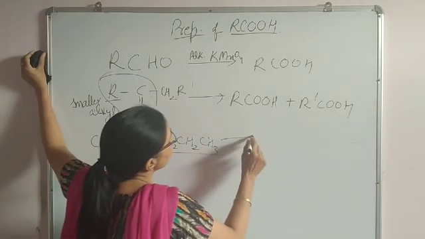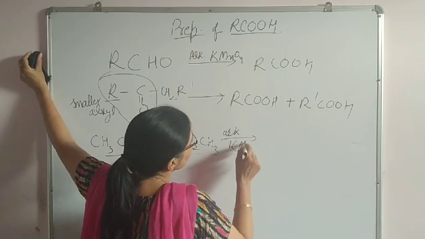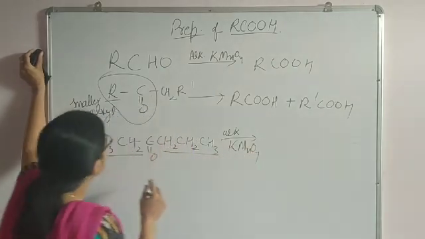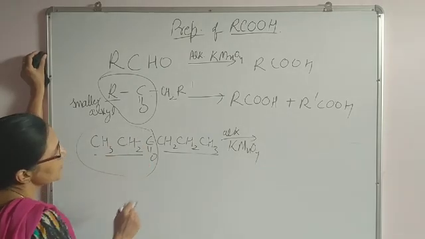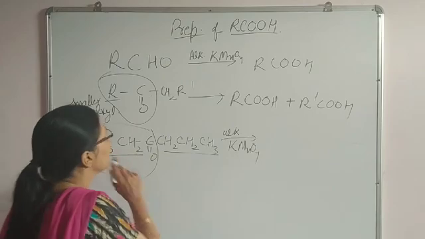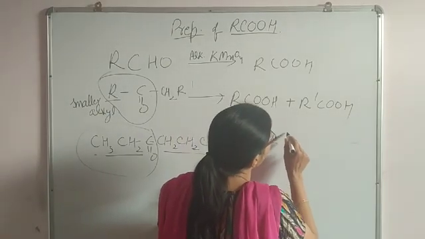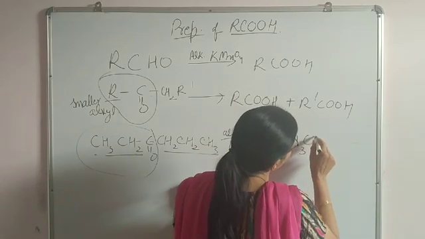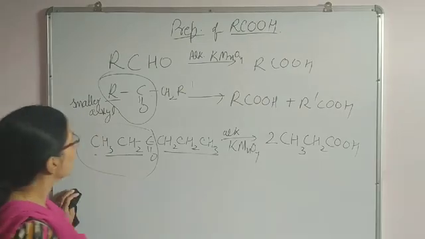So in the presence of alkaline KMnO4, this smaller group, so this CO will go this side and you will get 1, 2, 3, 1, 2, 3. You will get 3 carbon carboxylic acid, twice, a molecule of CH3 CH2 COOH.